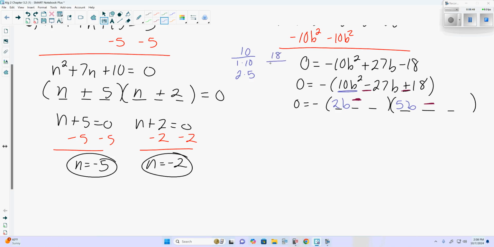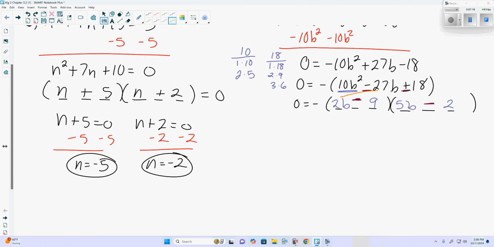Factors of the third term, factors of 18: 1 and 18, 2 and 9, 3 and 6. Which one of these do we want to try first? 2 and 9. So we'll have to put the 9 with the 2b and the 2 with the 5b, because we can't put 2b and 2 together. They would have a greatest common factor, and there's not one to begin with, so we can't have one here.